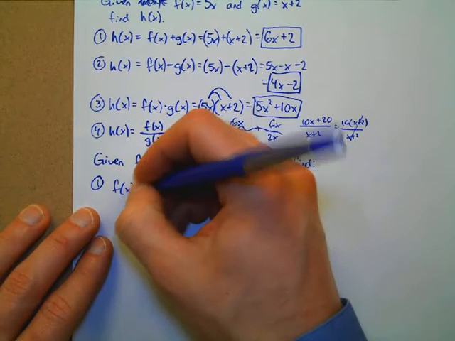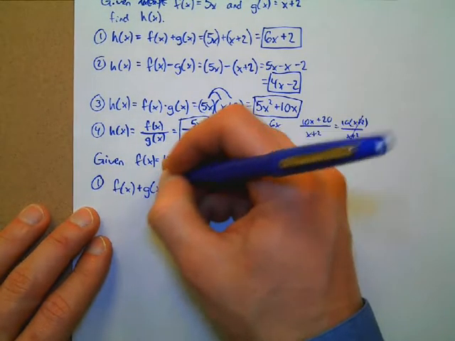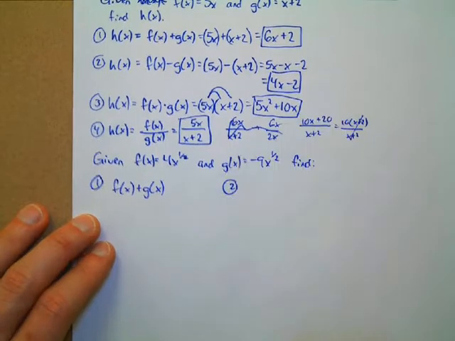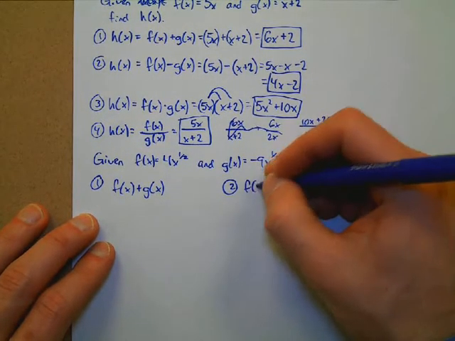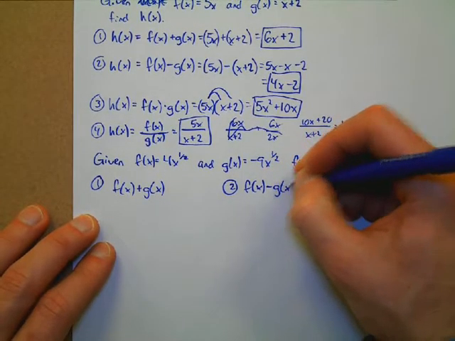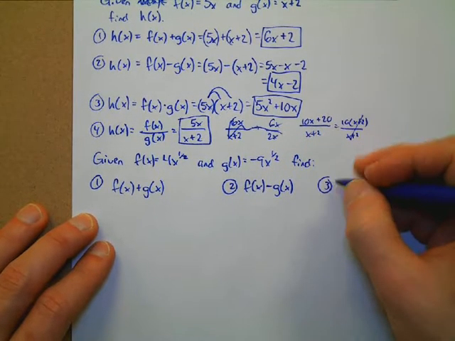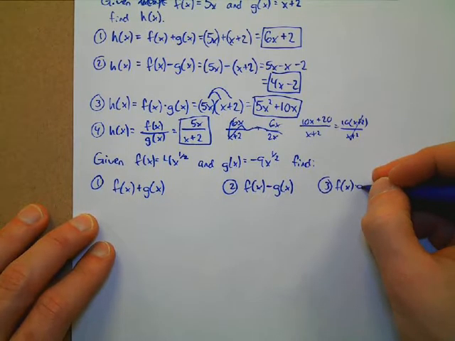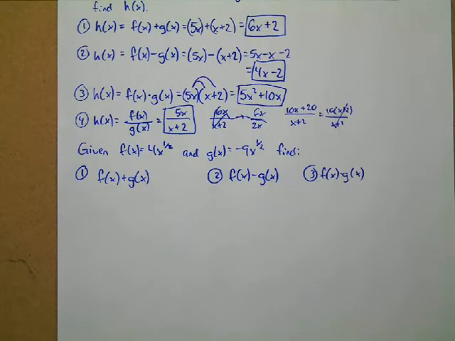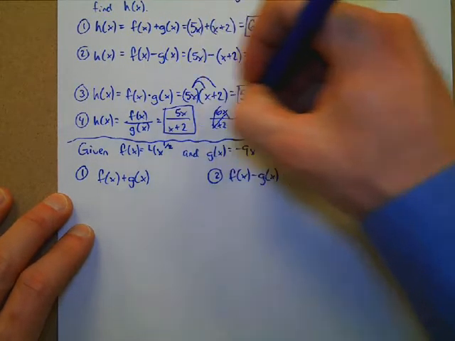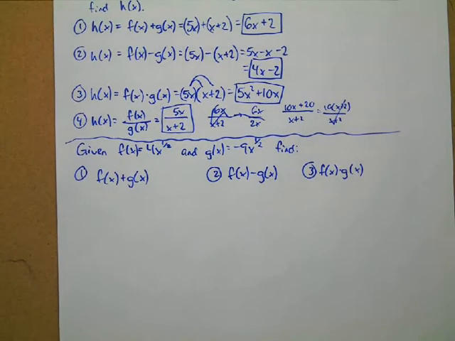Number 2, try f of x minus g of x. And number 3, f of x times g of x. Try those 3 things. Do your best with them. If the 1/2s are throwing you off a little bit, we'll go over it.